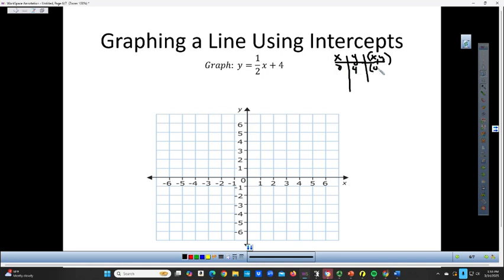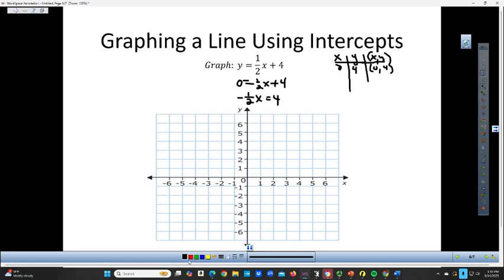Okay, so to find our x-intercept, we're going to give y the value of 0, and we're going to say 0 equals 1/2 x plus 4. Okay, so now I'm going to move over the 4, so it becomes negative. Negative 1/2 x equals 4. Okay, and so now you're basically saying a negative half of x equals 4.